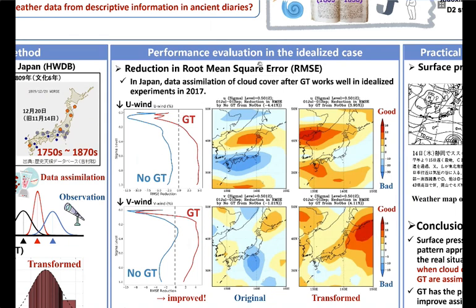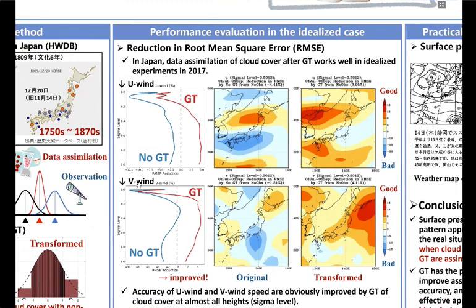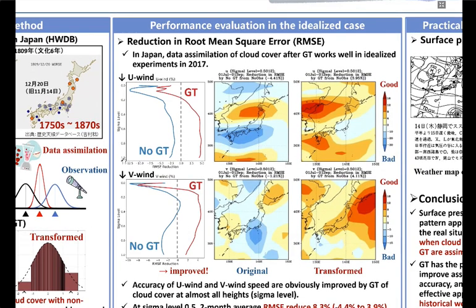Here, the evaluation index I use is the reduction in root mean square error, and U wind speed and V wind speed are taken as examples. Because they are both three-dimensional variables, we can get the vertical distribution of reduction in root mean square error, as shown by this figure.